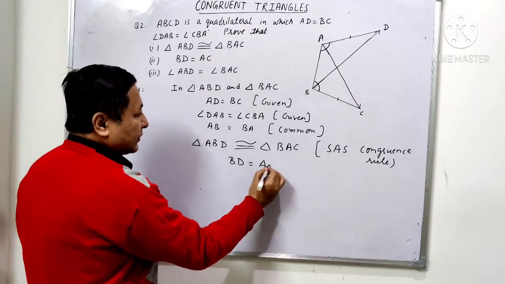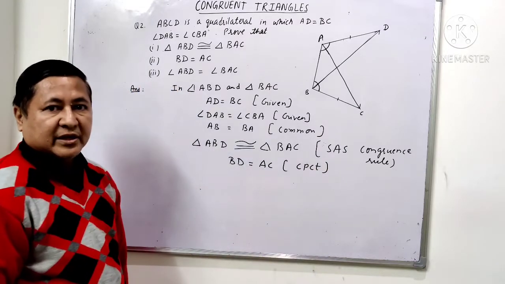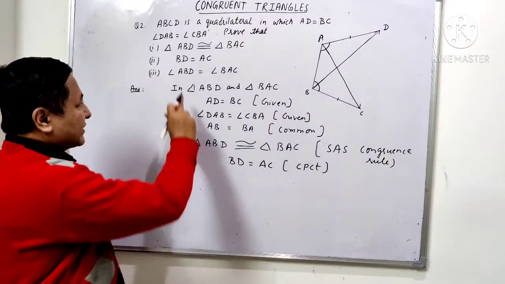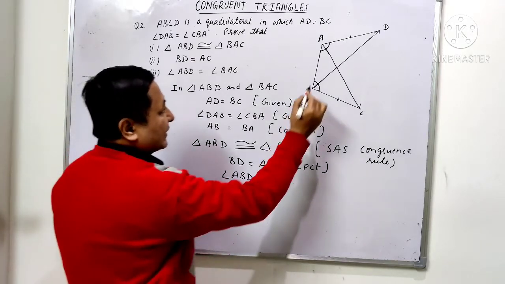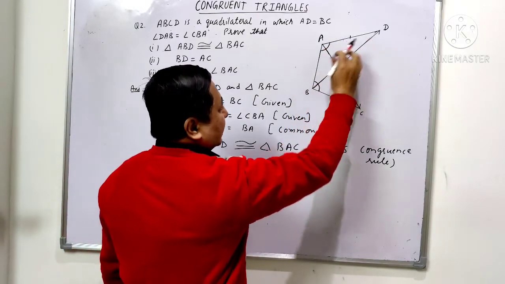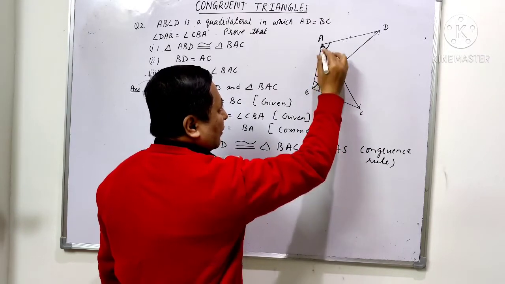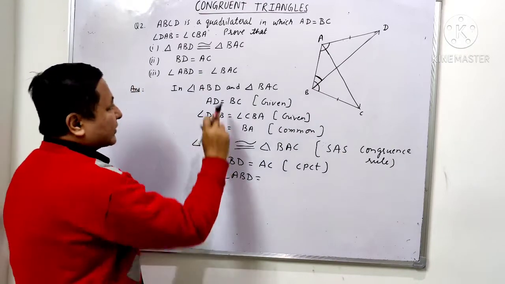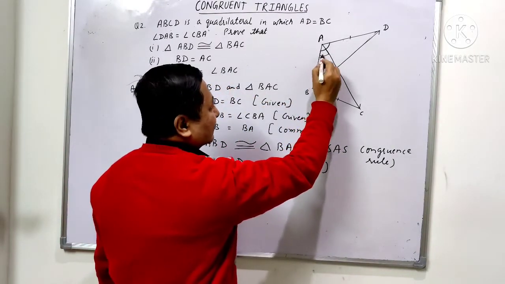So BD and AC will be equal, because corresponding parts of congruent triangles are equal. And one more, that is angle ABD. I am talking about this angle ABD of the triangle ABD, and in the other triangle, this other angle, that is BAC.